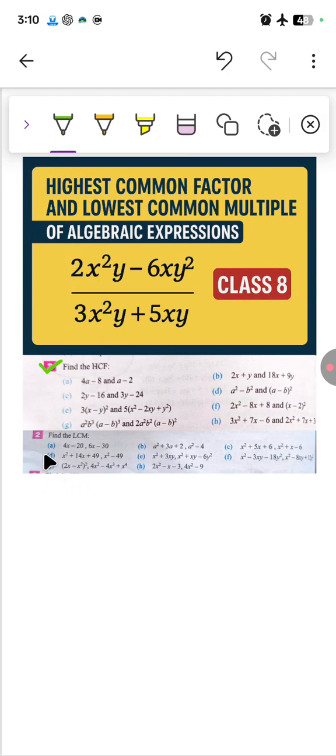Okay, let us do question number 2a first from LCM. The first expression over there given is, directly I am writing first expression. The question is given above already. First expression is 4x minus 20.